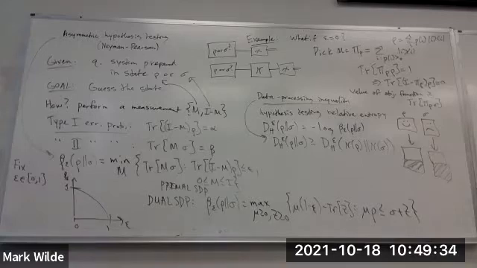I was just going to ask, because this sounds similar to something we did. I think we showed that entropy remains invariant under unitary evolution. But if you do more general open system dynamics, then entropy can increase.